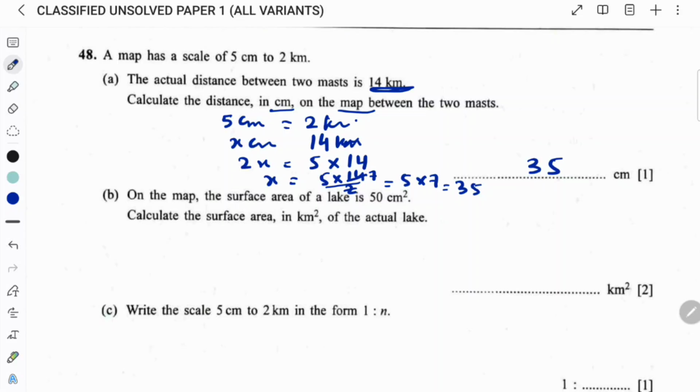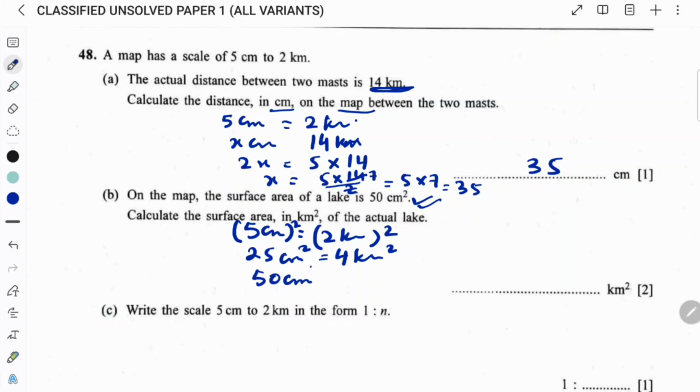On the map, the surface area of the lake is 50 square centimeters. Calculate the surface area of the actual lake in kilometers squared. So 5 centimeters is equal to 2 kilometers. Square it to get the area scale: 25 square centimeters is equal to 4 kilometers squared. Now write down 50 square centimeters under 25 square centimeters, and the actual area is required in kilometers squared.